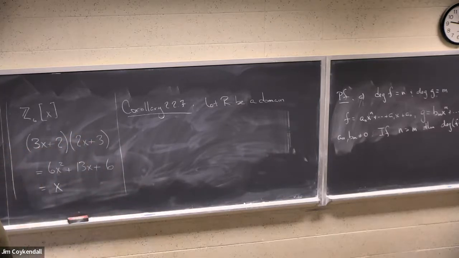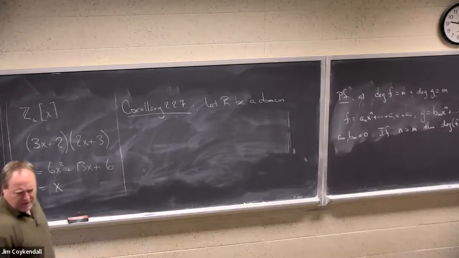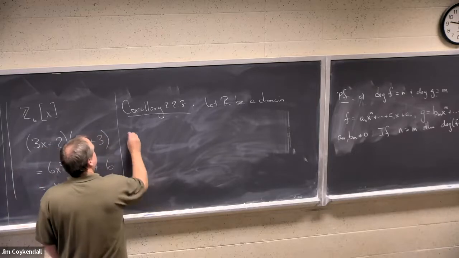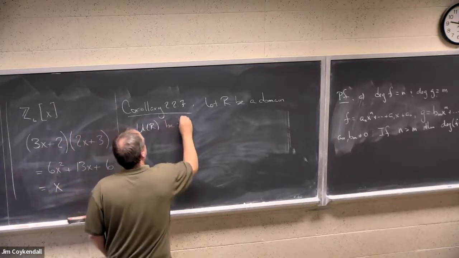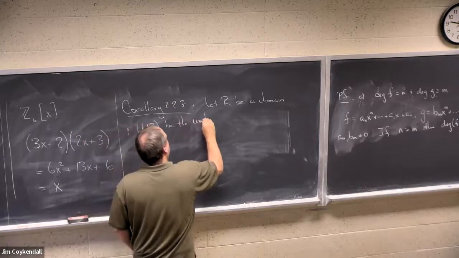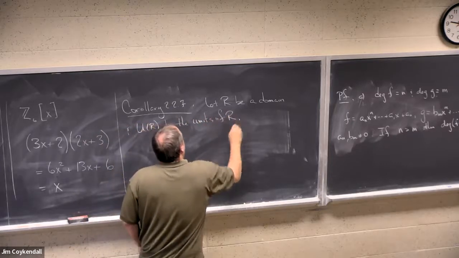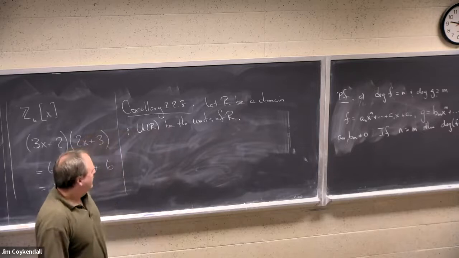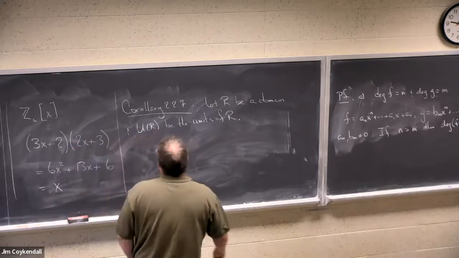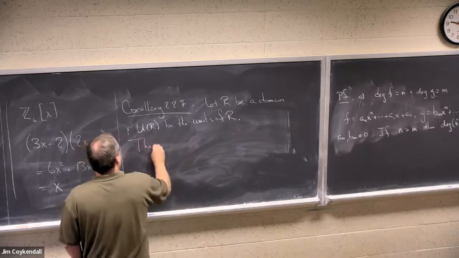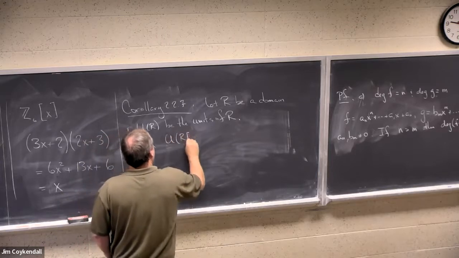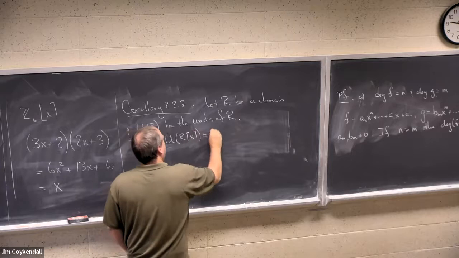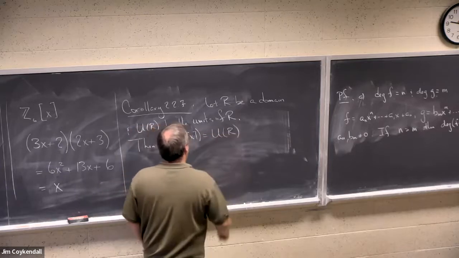Let R be a domain and U(R) be the units of R. I will use that notation a lot in this course. Then the units of R[x] are the units of R.